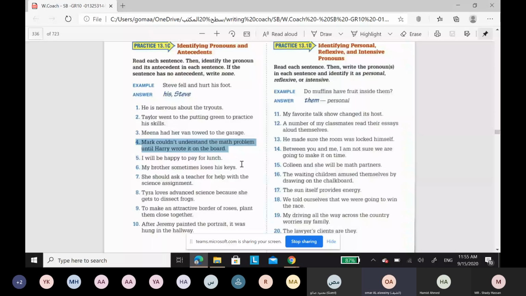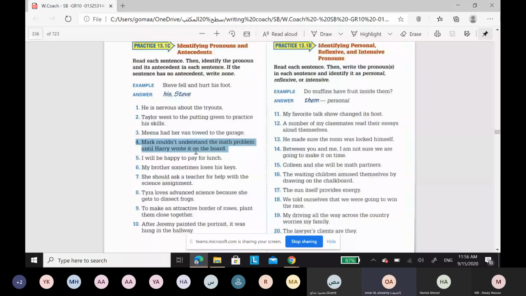Victor, there are no pronouns? Are you sure? Yeah, I'm sure. Mark, no. Did, no. Not. I think it. Yes, that's it. And what is the antecedent for the word it? Mark? No. Mark actually is a person.